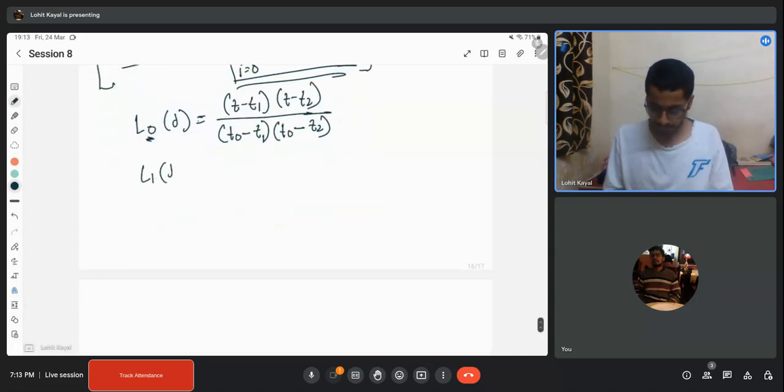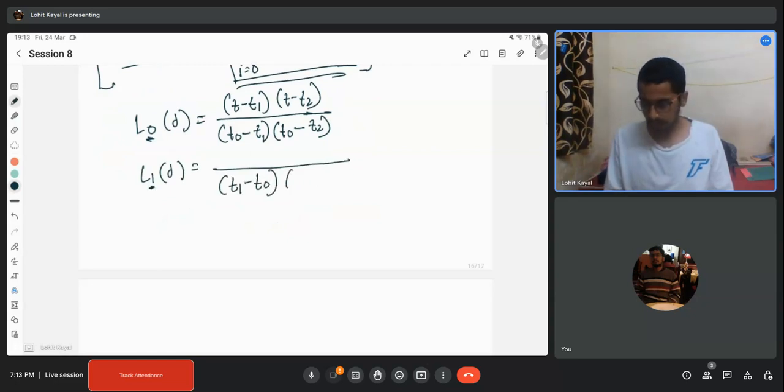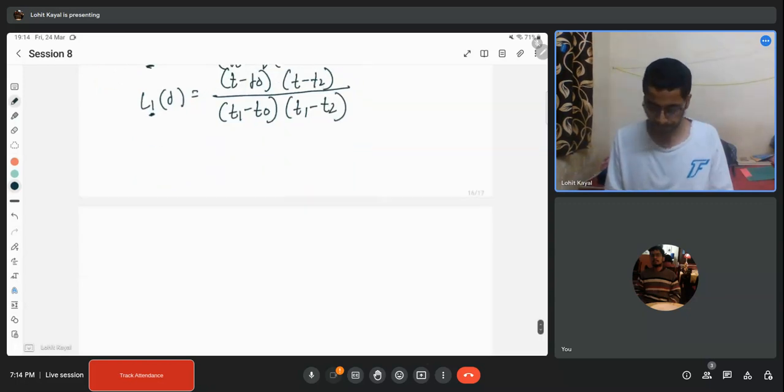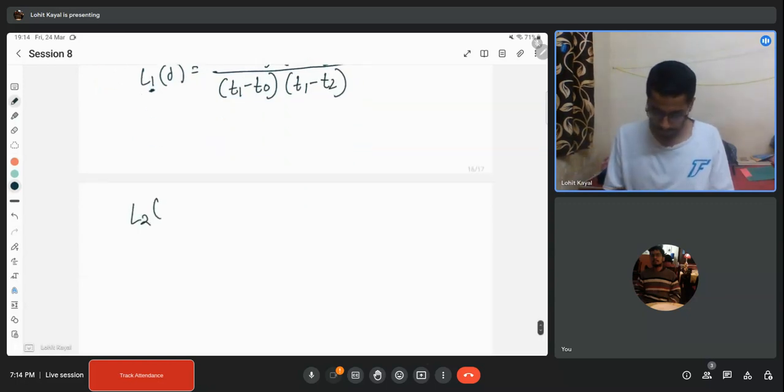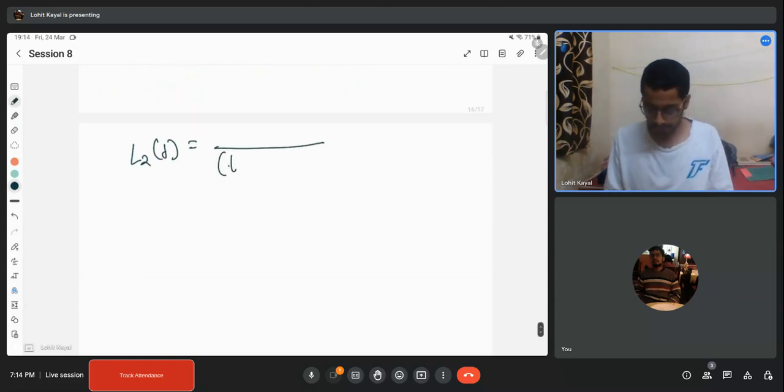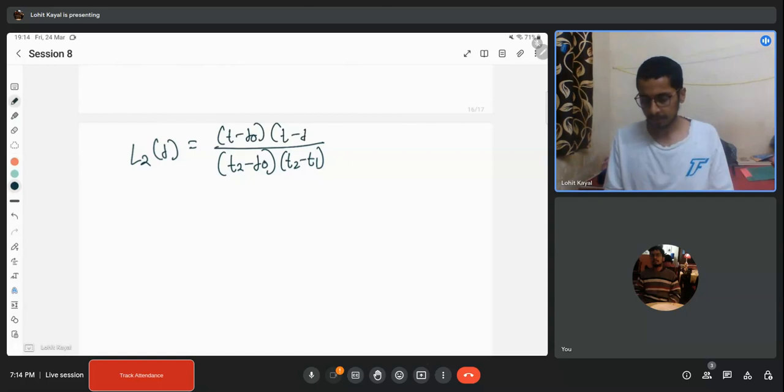Similarly, L1 of t is equal to, starting with 1, t1 minus t0, t1 minus t2, t minus t0, t minus t2. And L2 of t is equal to t2 minus t0, t2 minus t1, t minus t0, and t minus t1.